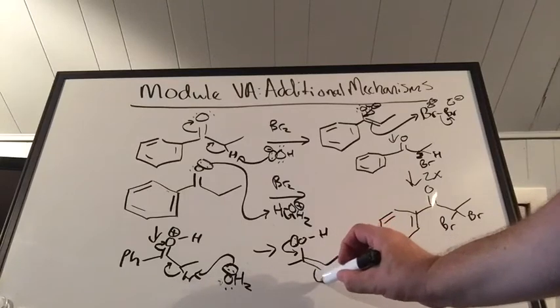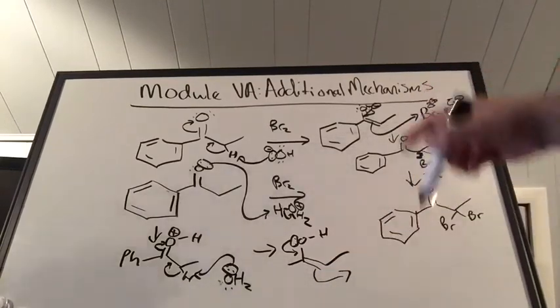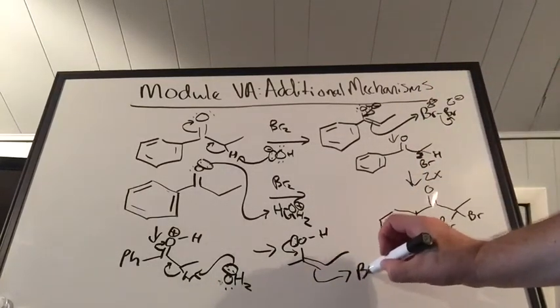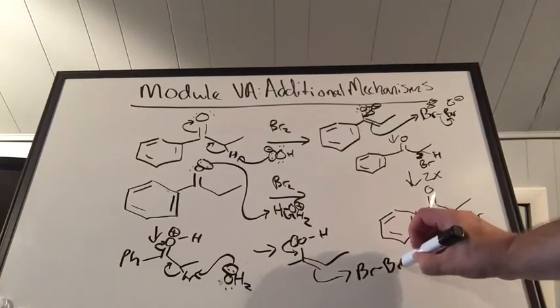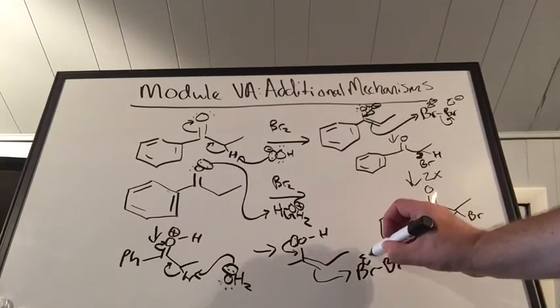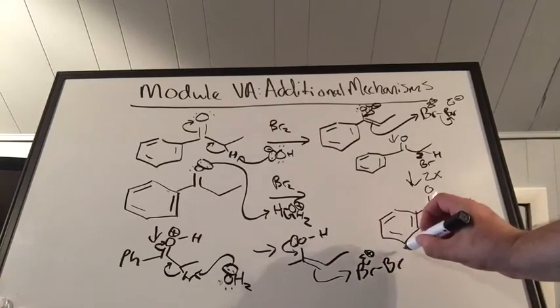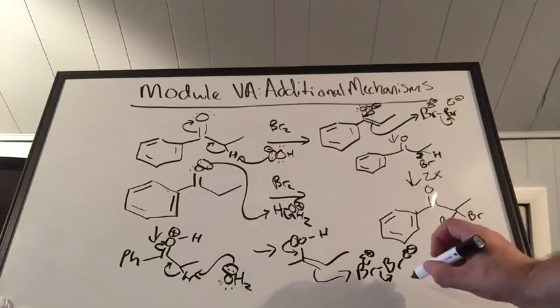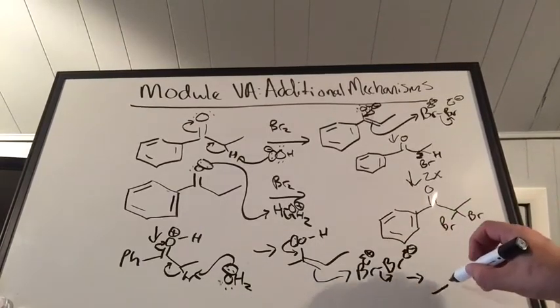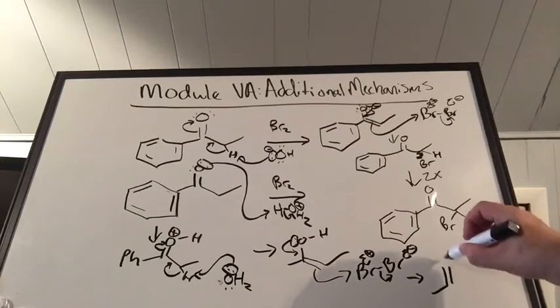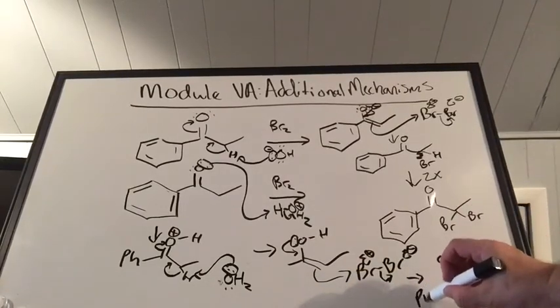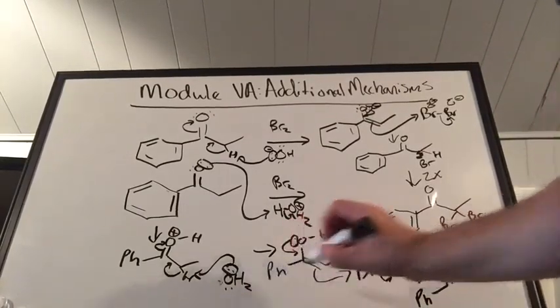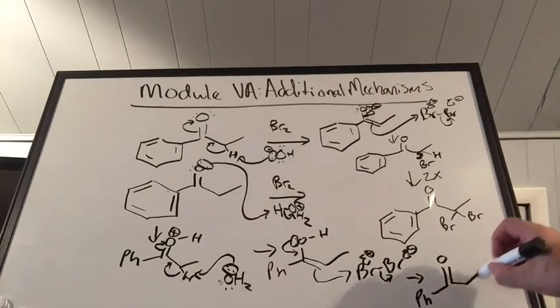But if we push some electrons and again hit this Br2 that has some instantaneous dipole to it, we're going to see that we have alpha bromination again.